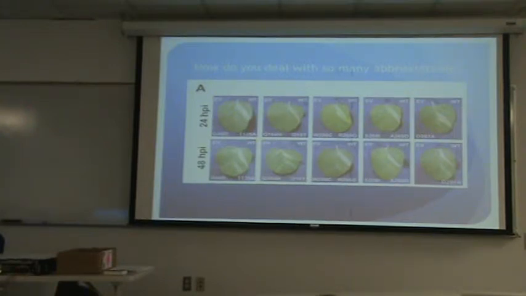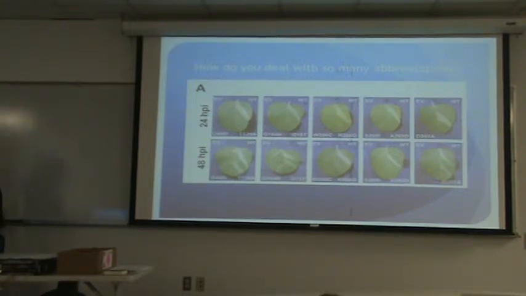What's WT? That's wild type. If you're not a bio major, you can't assume that a physics major knows wild type. Thank you for shaking your head no, and proving my point. This one happens to be empty vector. Then you've got all these others. HPI is hours post inoculation.